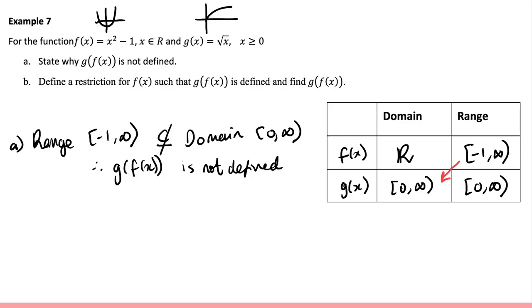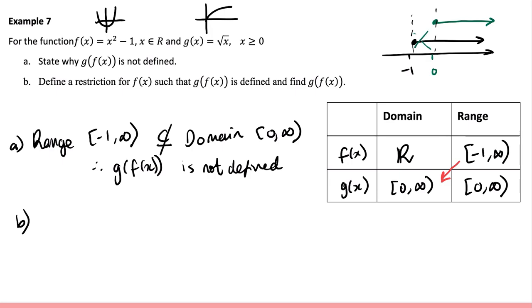How do we restrict it? If I think of a number line, here's -1 to infinity, that's the range for f of x. However, what we want for g of x is from 0 to infinity. So this part here is an issue for me.